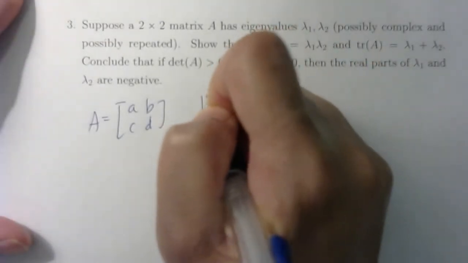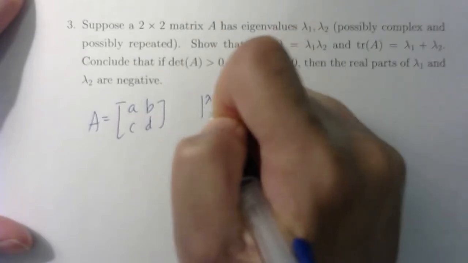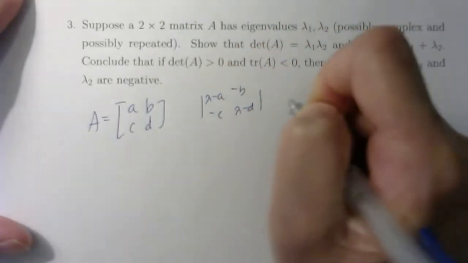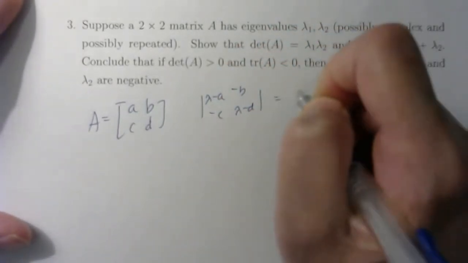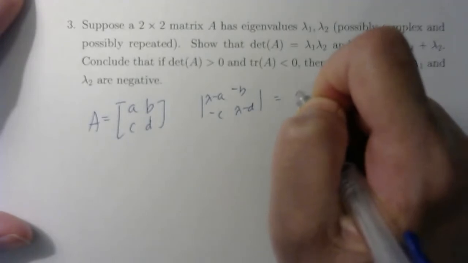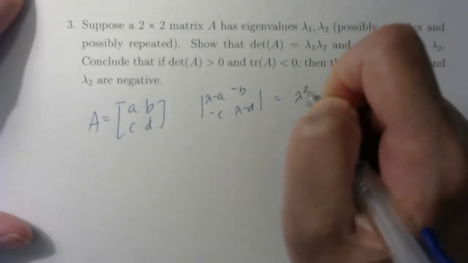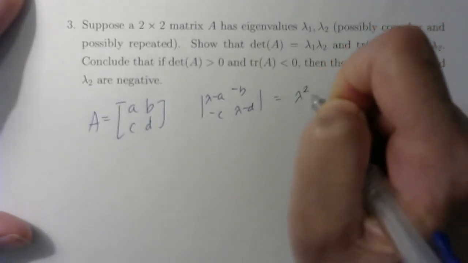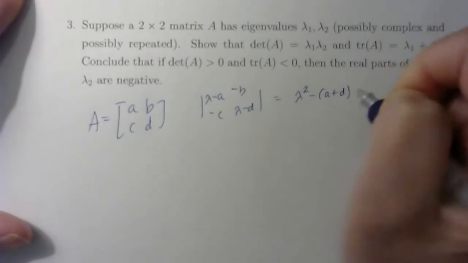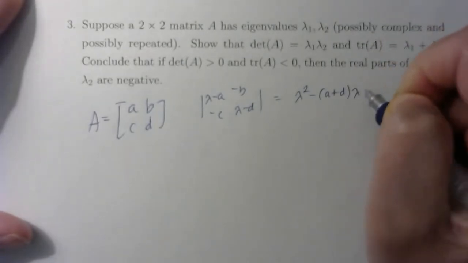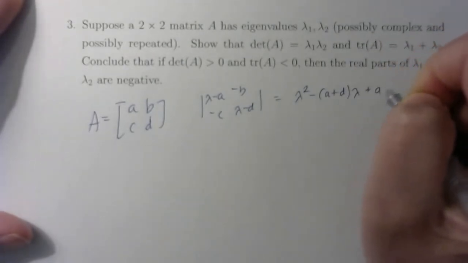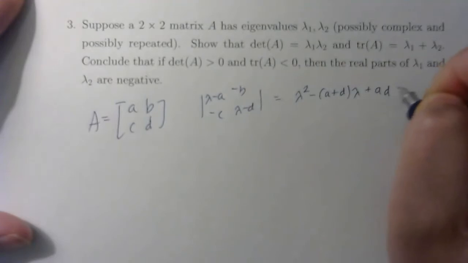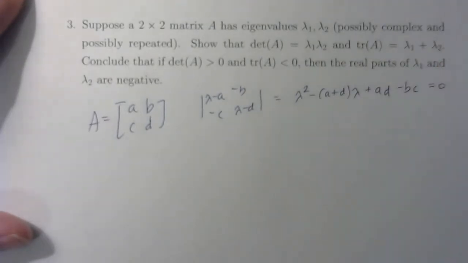So remember, the eigenvalues come from the matrix with entries A, B, C, D, minus lambda on the diagonal. So we have lambda squared minus (A plus D) lambda plus AD minus BC is equal to 0. That's the quadratic to solve.